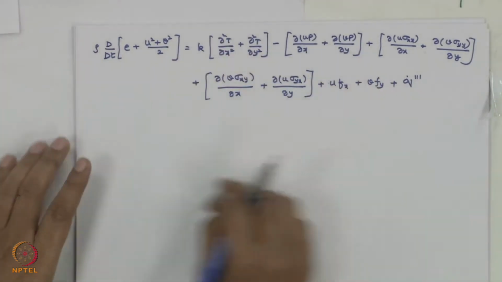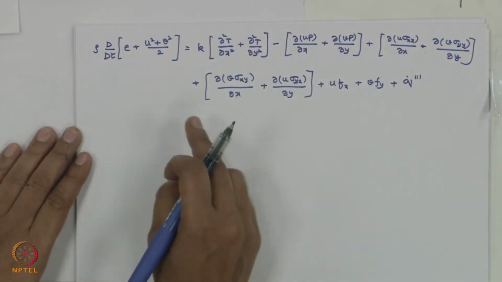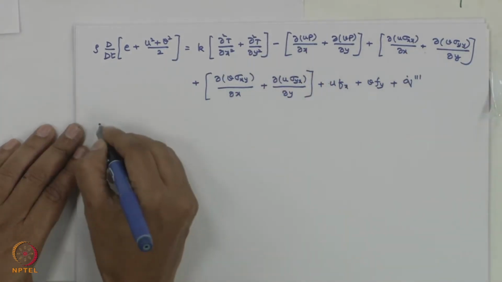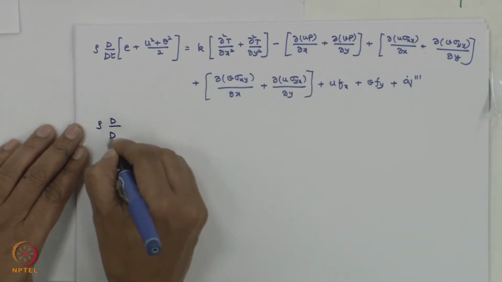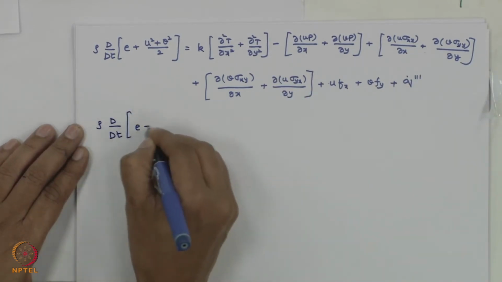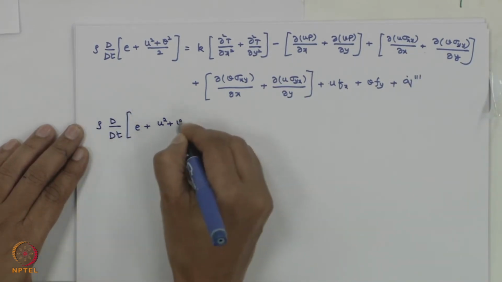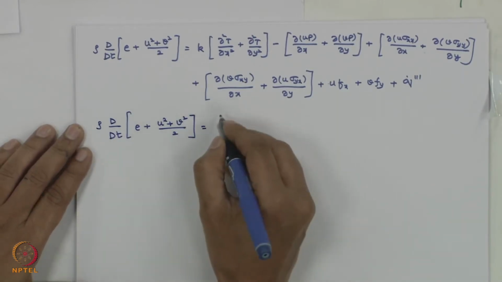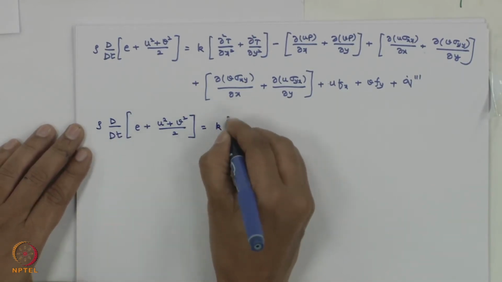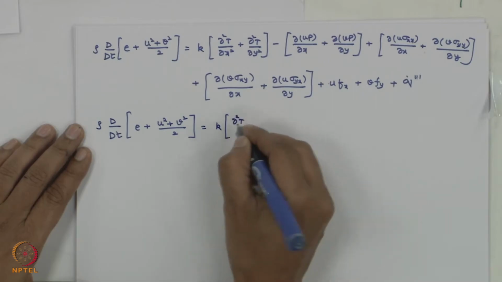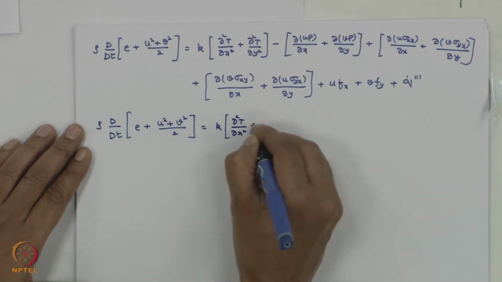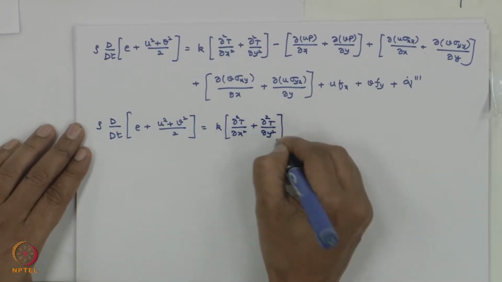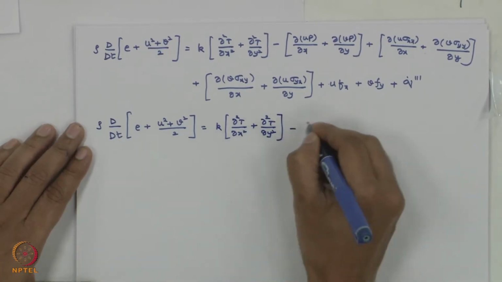Now we need to get this back in terms of temperature. So let's expand these terms. Let's write rho d by dt of E plus u squared plus v squared by 2 equal to k times del squared T by del x squared plus del squared T by del y squared, minus p.